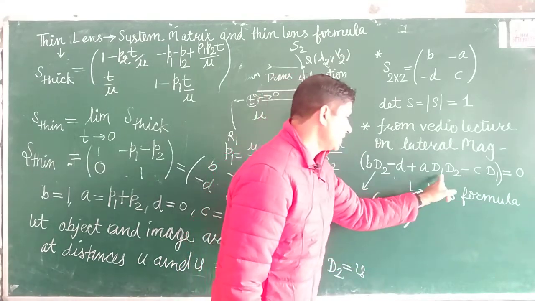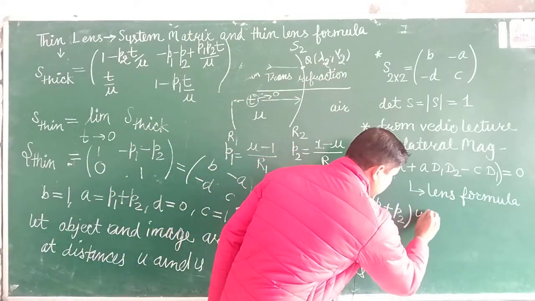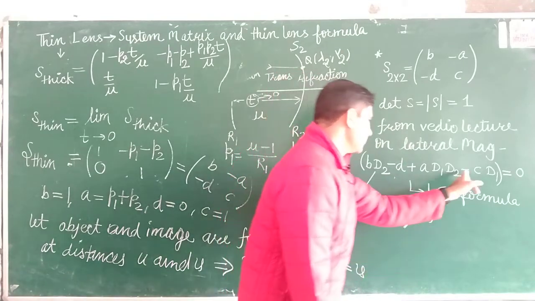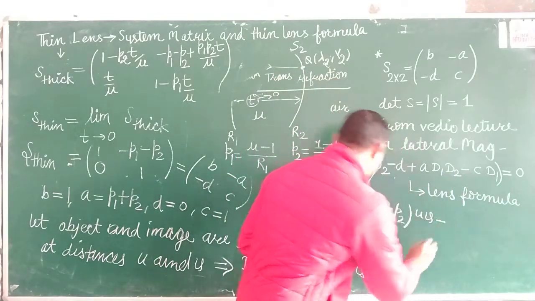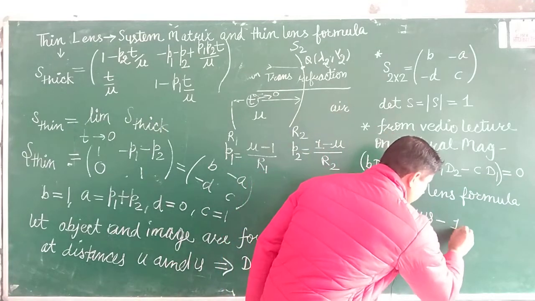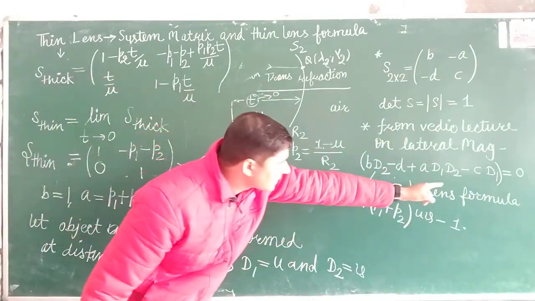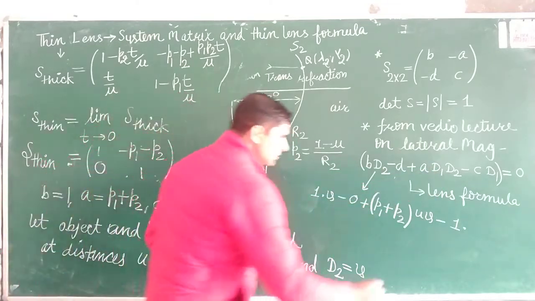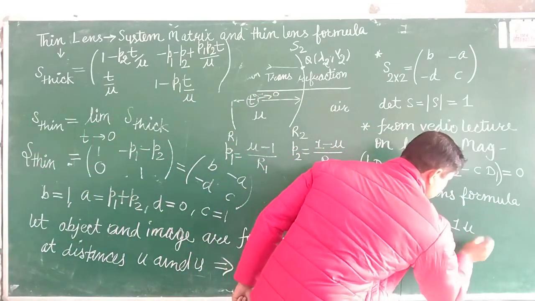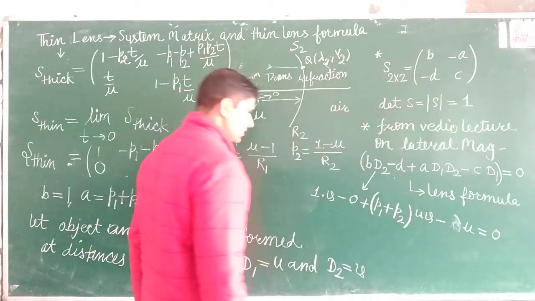Then you have D1, D2, and D1, D2 are U and V. So let me write it U into V, and then you have minus C, and you see C is 1 here. So this is 1 into D2 into D1, and D1 is U. So it will be 1 time of U, and this will be equal to 0.